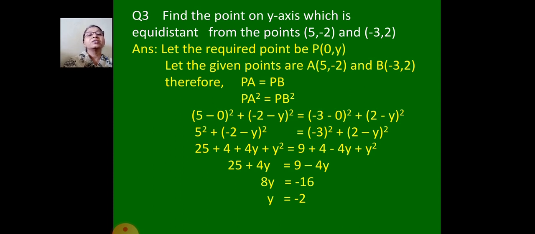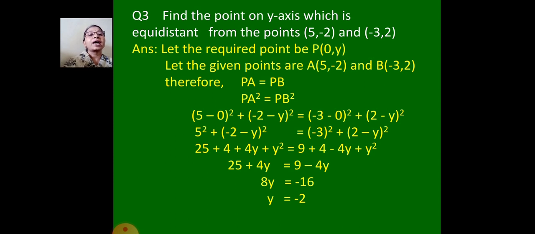So 5 minus 0 is 5 square plus minus 2 minus y the whole square is equal to minus 3 square plus 2 minus y the whole square.